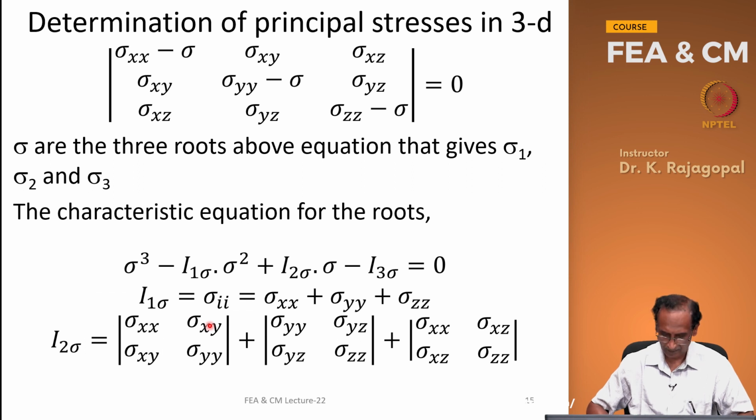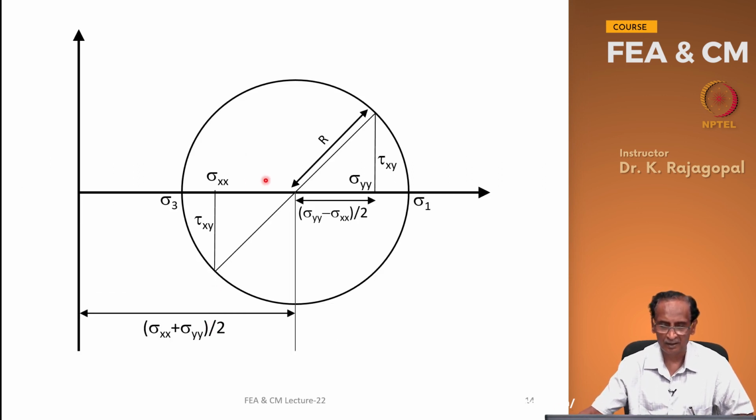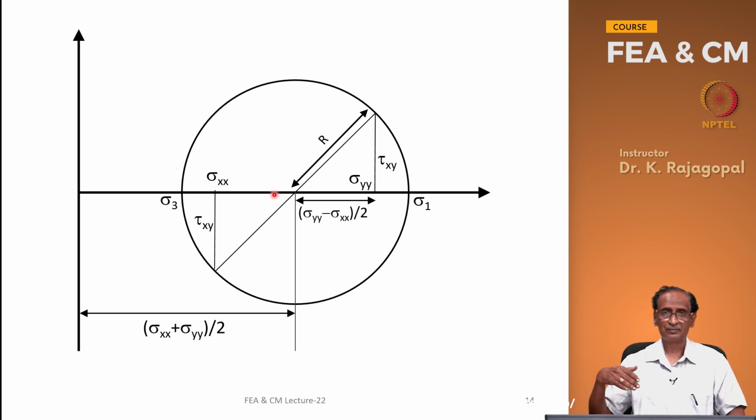So, it is a very convenient method: we can draw the Mohr circle and then determine our major and minor principal stresses.